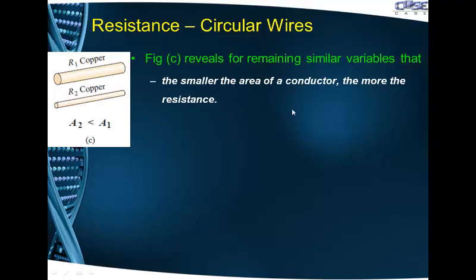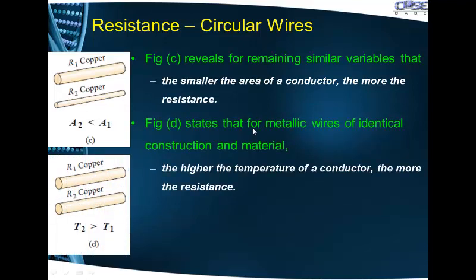The smaller the area of the conductor, the more the resistance. So in this case, the resistance of the second conductor would be higher than the resistance of the first conductor. Lastly, the higher the temperature of a conductor, the more the resistance.